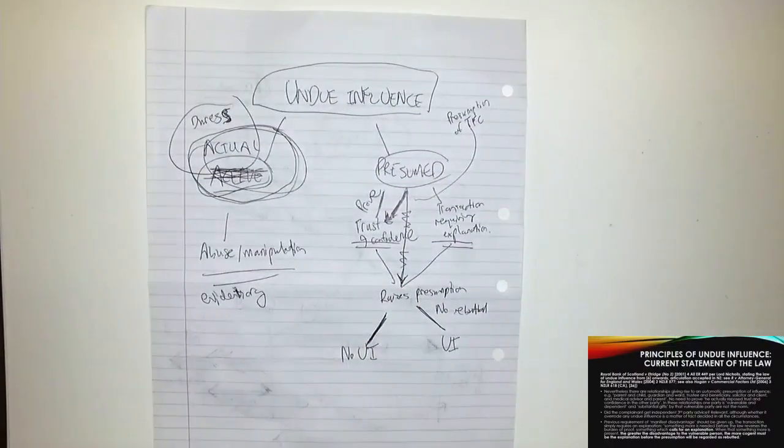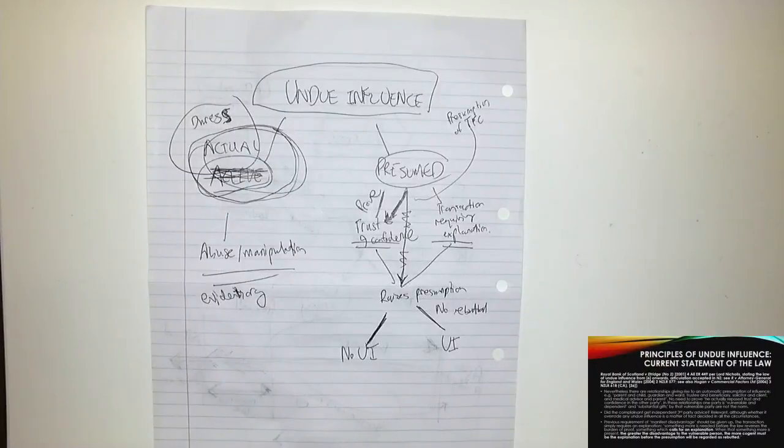Doctor-client, guardian and ward, parent and child, trustee and beneficiary, lawyer and client, all of these relationships that in society we accept as having a sort of imbalanced hierarchy, right? One party is in power over the other. The court says you don't need to prove that the weaker party put trust and confidence in the stronger party.